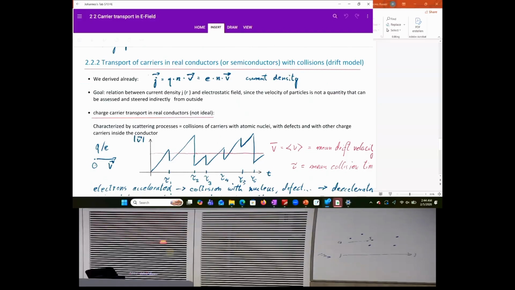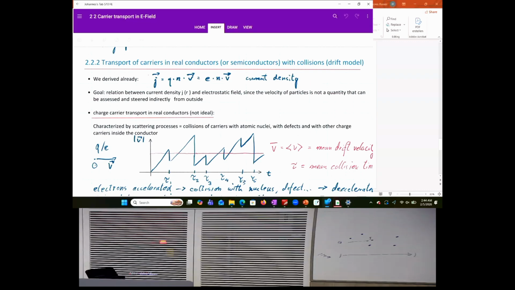But there is a mean time for this collision. And there's also in the end a mean velocity that you have. You can average that over all these particles, and you average it over the distance, because these collisions will happen at various distances.